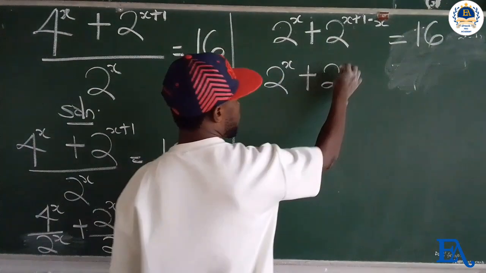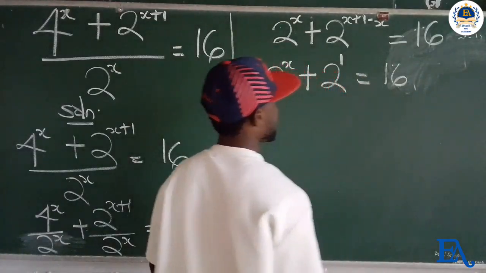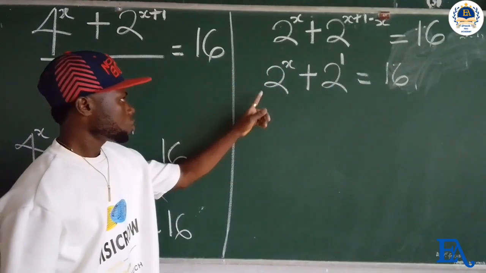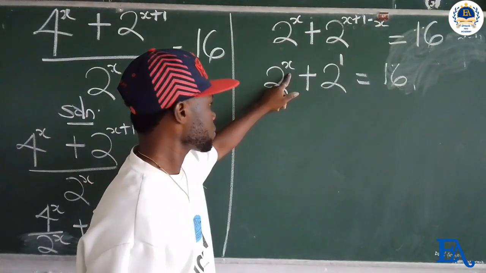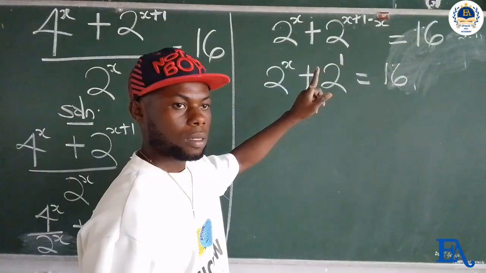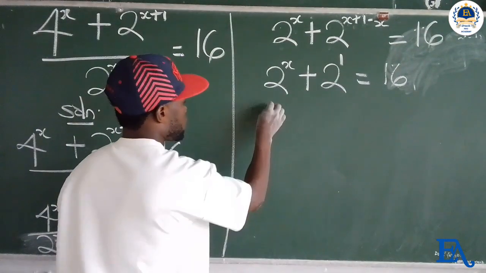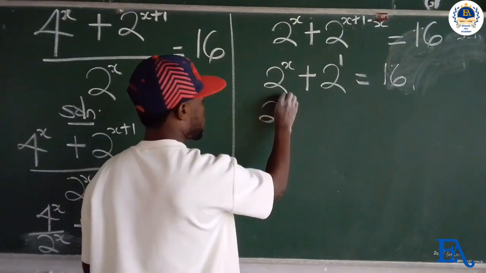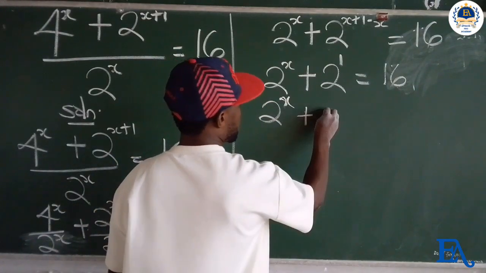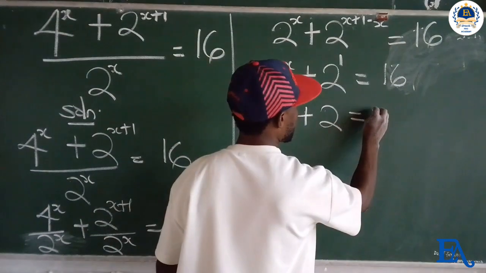So let's put the 1 here, and this is equal to 16. 2 raised to the power of x plus 2 raised to the power of 1. 2 raised to the power of 1 gives 2. 2 raised to the power of x plus 2 is equal to 16.